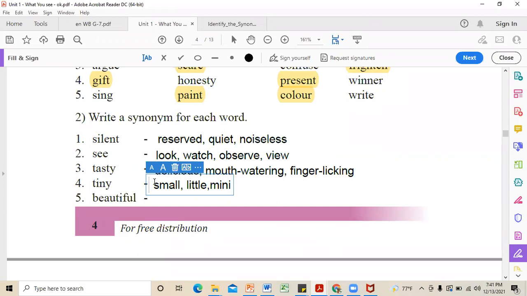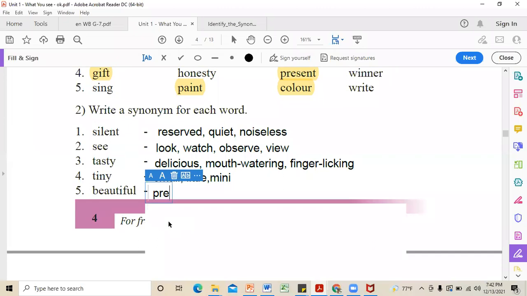Okay. So I think we have another word, right? So beautiful. Okay. So can you suggest any synonyms for beautiful? Pretty. Yes, very good. Pretty. What else? Anything else? Nice looking.